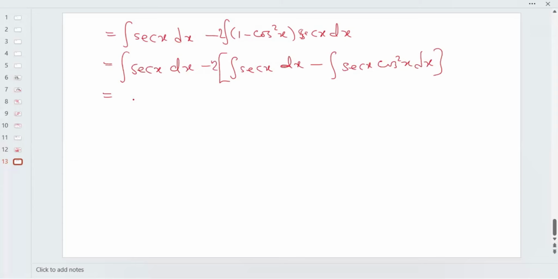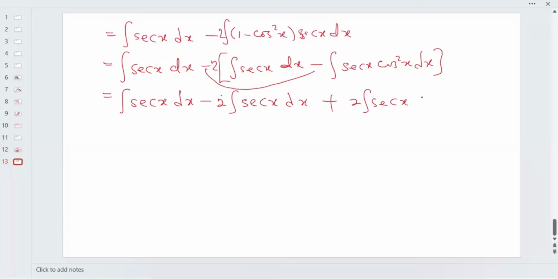This will be the integral of sec x dx, and I use this negative 2 to expand the bracket. This becomes minus 2 times the integral of sec x dx, plus 2 times the integral of sec x cos squared x dx. Of course, the integral of this minus this, you see they are the same term, only that this one has a 2. So this can be minus the integral of sec x dx, plus 2.